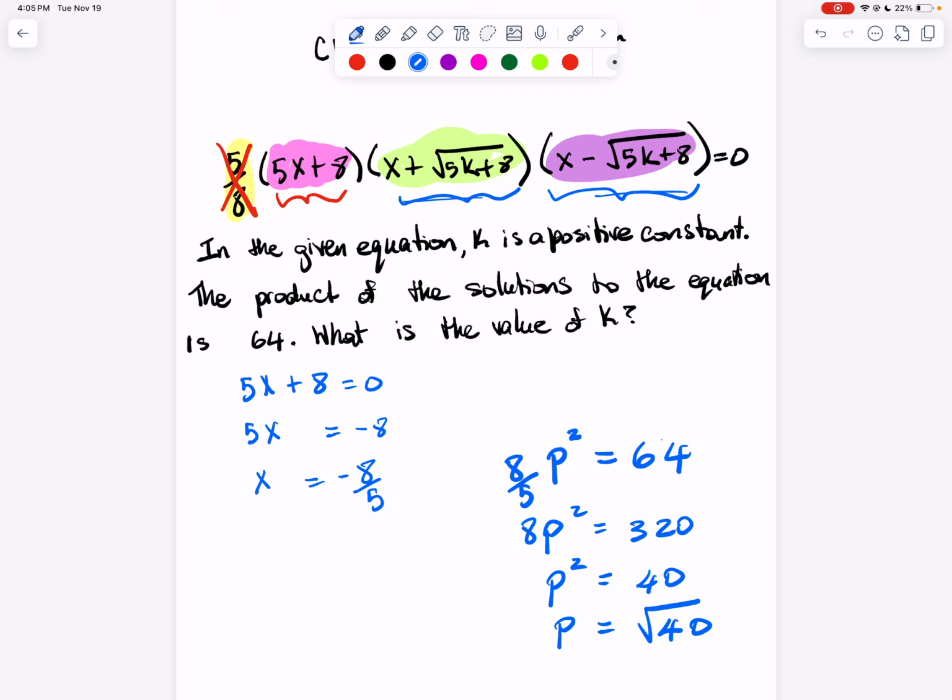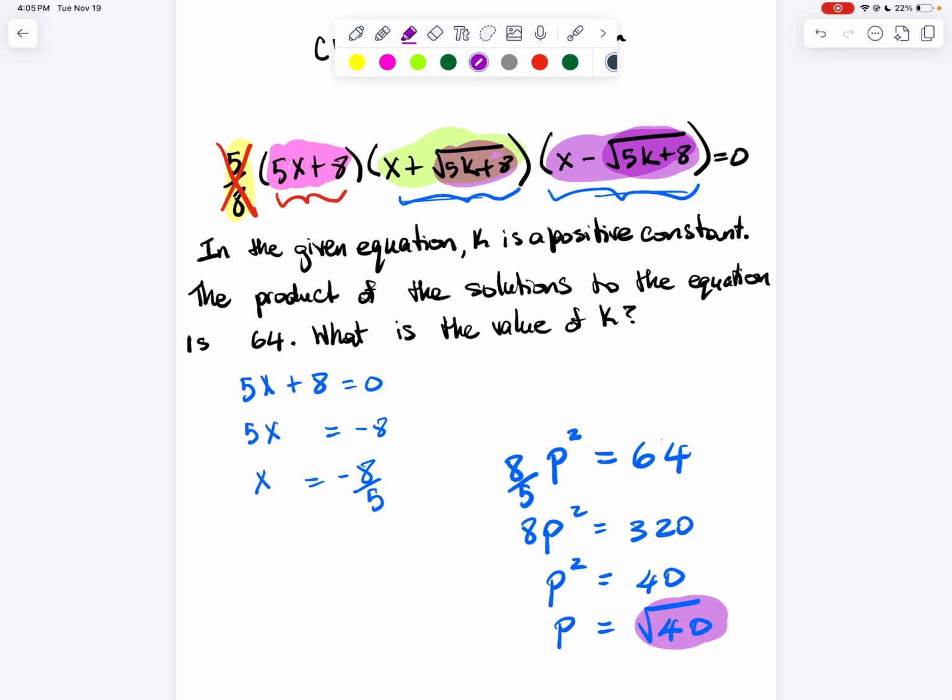All right, so here is where the beauty of this question starts to come together. Let me use my little purple highlighter here. Right here, we see root 5k plus 8. And right here, we see root 40. Root 40.